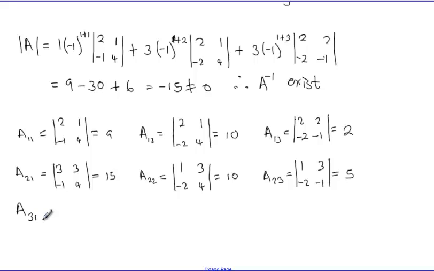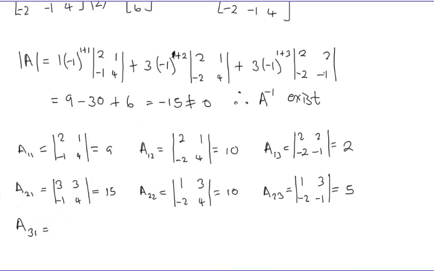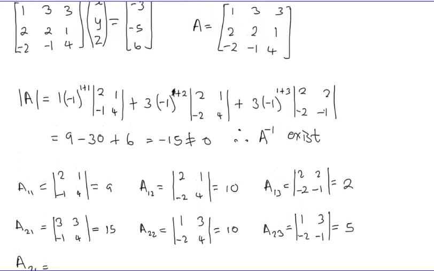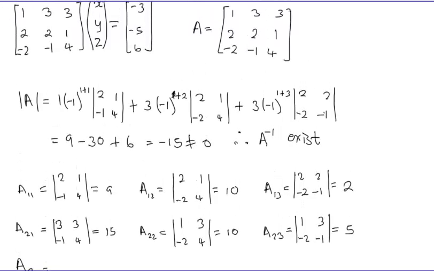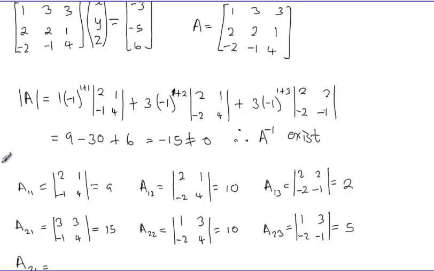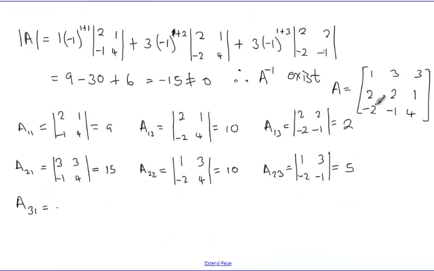3, 1. Oh, the matrix is no longer visible. Now there is the matrix. We want 3, 1. Can you give us the entries? What did you get there?